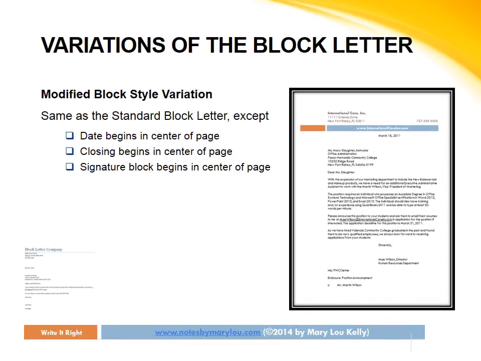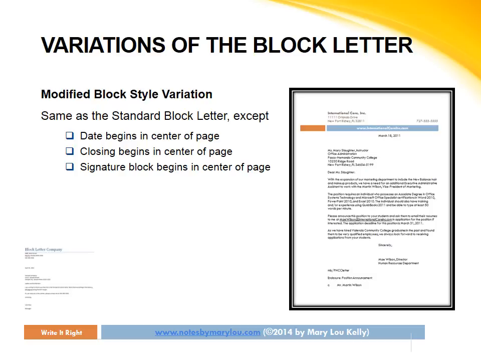You should note that so far in this presentation, all references made were about the block letter. The block letter is sometimes called the full block letter because all parts of the letter align with the left margin. Hereafter, I want to present to you variations of the block letter.